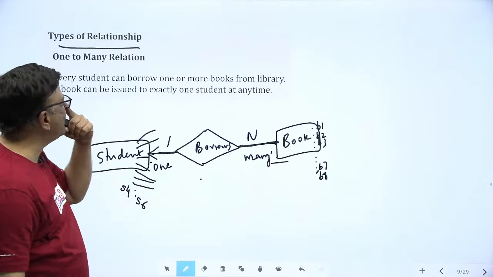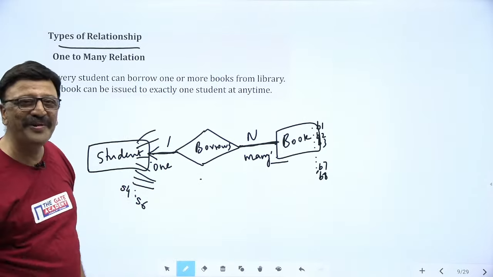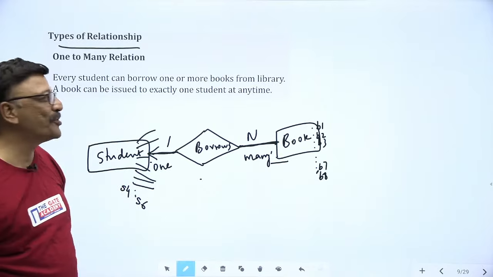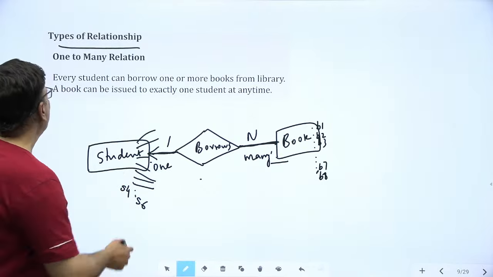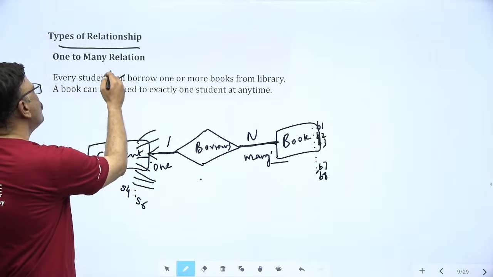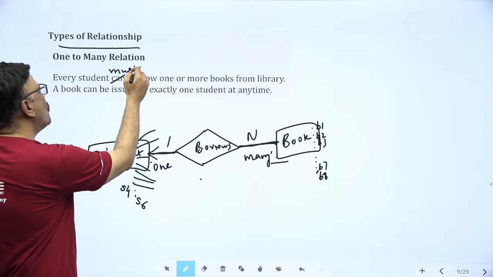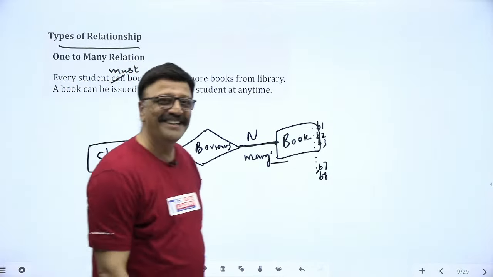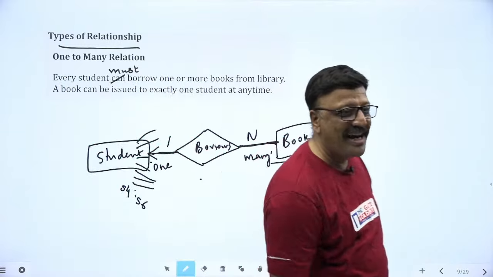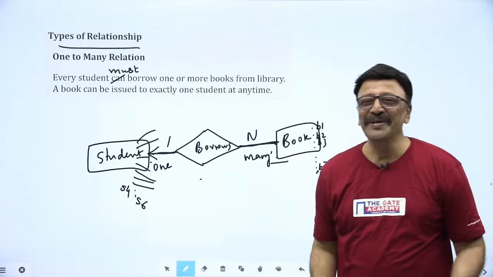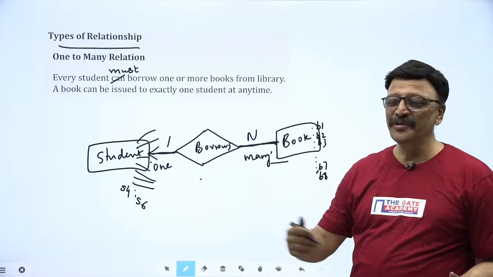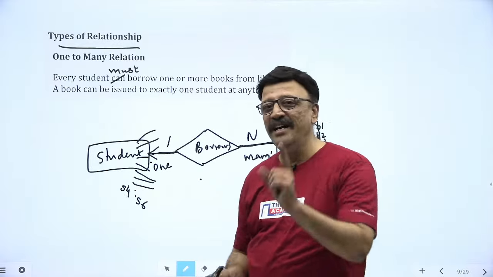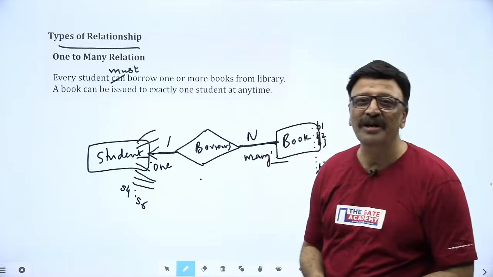Now I am just changing one rule. I know you have guessed it. What change am I going to do? Just one change. If I say every student must borrow. Oh, what a compulsion. That means at the time you take the admission, you have been given a form and your signature has been taken that at any point of time you must keep borrowing a book.